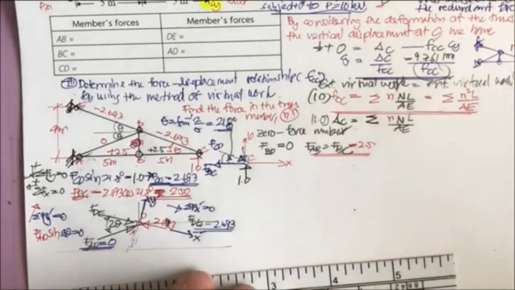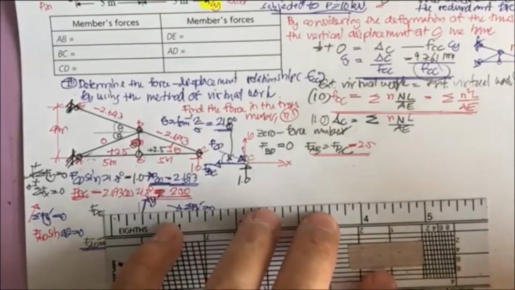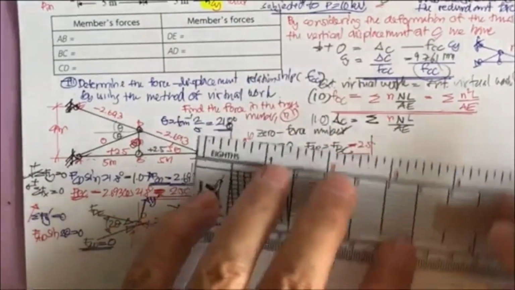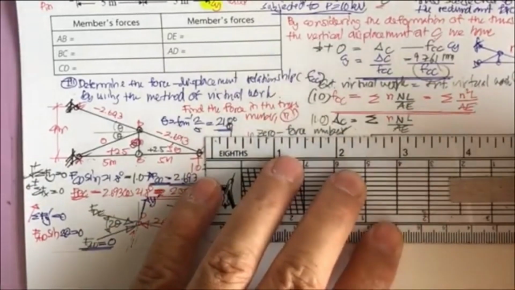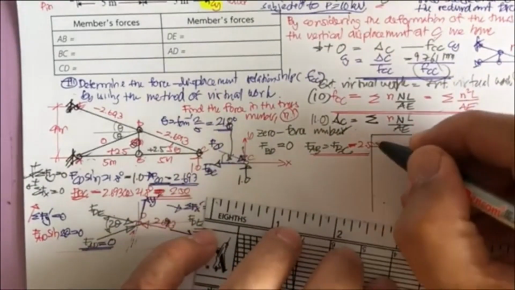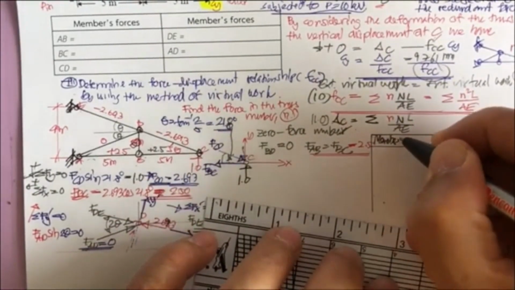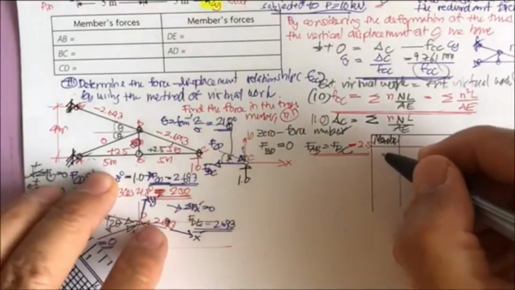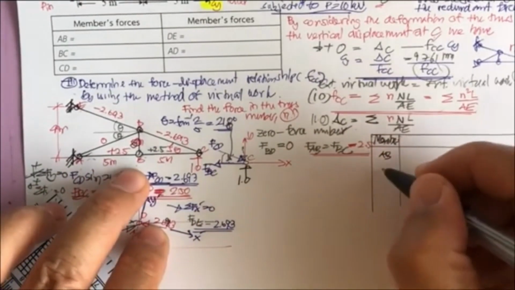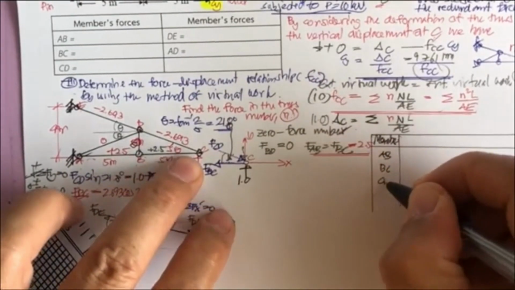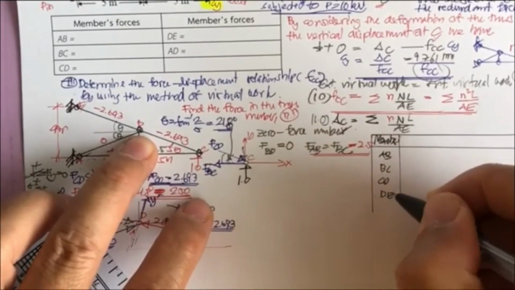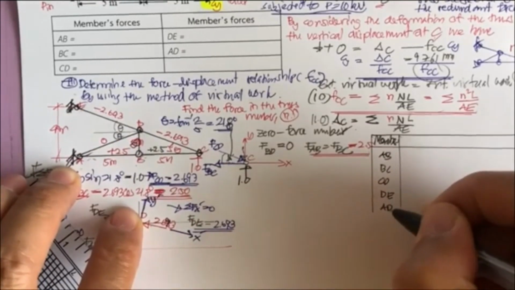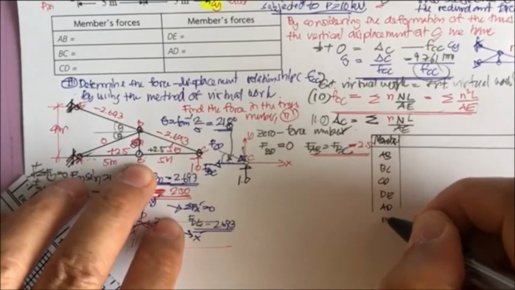Okay, you have the members of AB, BC, CD, DE, and AD and BD.